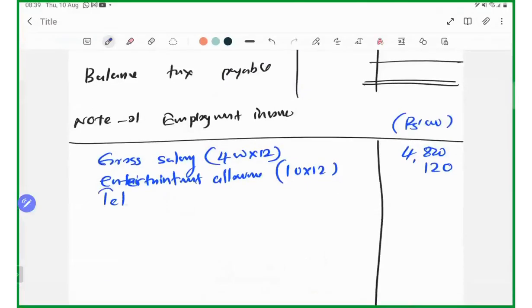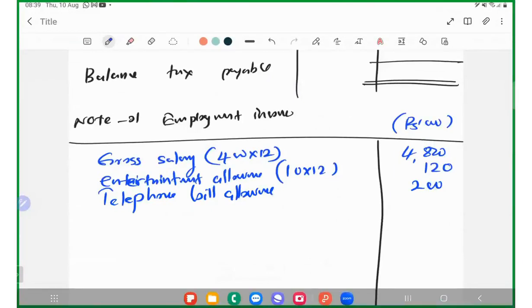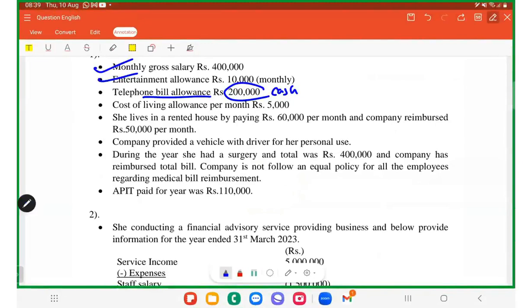Please keep that in mind, it is very important. The telephone bill allowance is given for the year of assessment, with no month mentioned, so we think of the whole year. You take that 200,000. Don't multiply by 12 or any period.